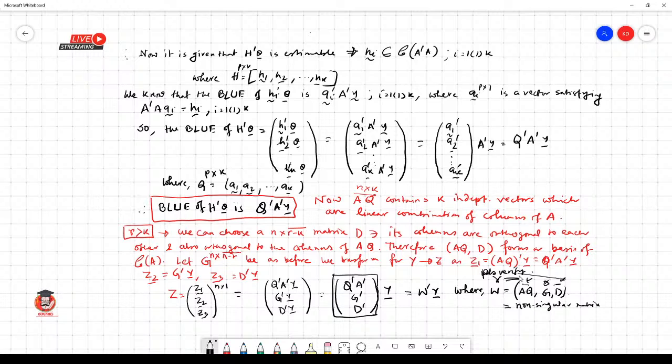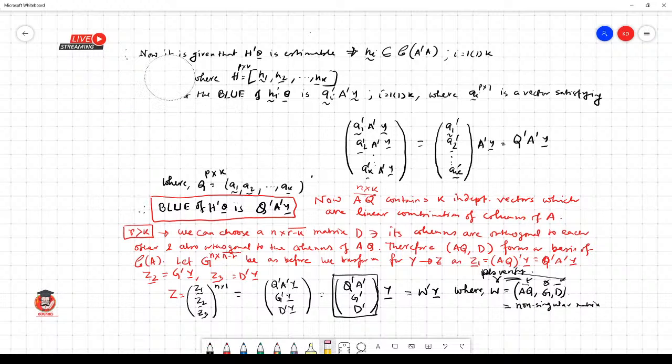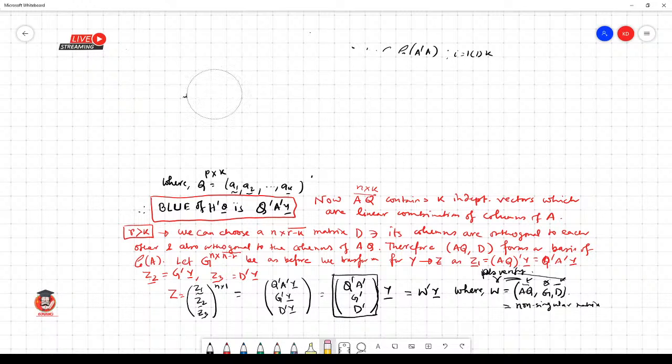Okay. Note that G prime A Q is 0, because we choose the D matrix such that the columns of D are also orthogonal to the columns of AQ.